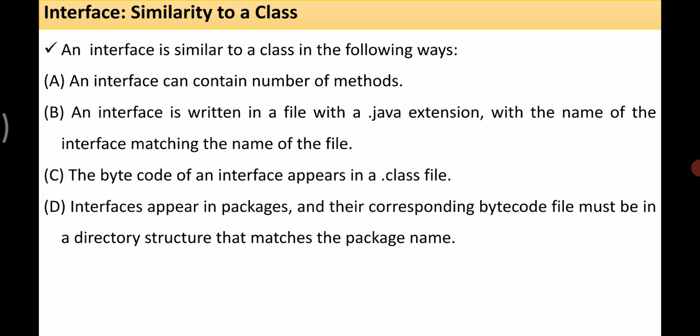An interface is written in a file with a .java extension, with the name of the interface matching the name of the file, and the bytecode of the interface appears in a .class file. Interfaces appear in packages, and their corresponding bytecode file must be in a directory structure which matches the package name. These are a few similarities to a class that an interface has.